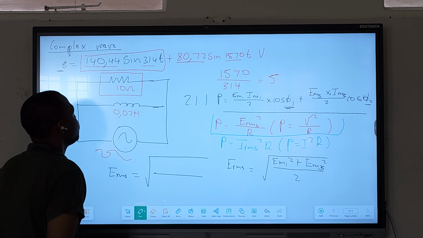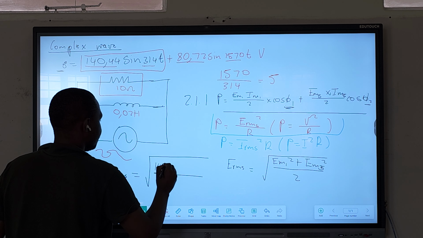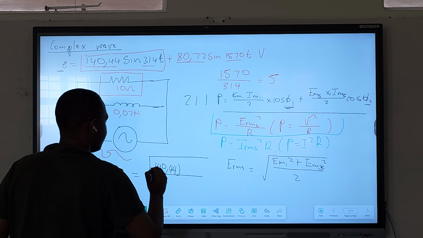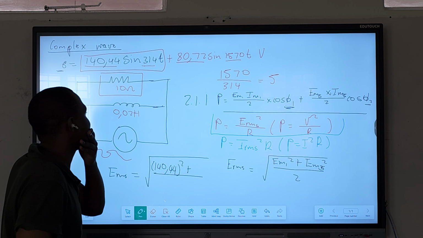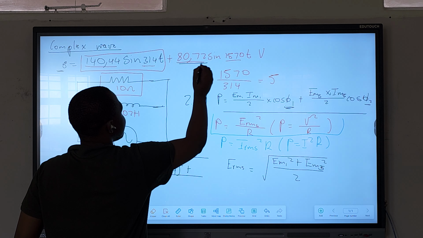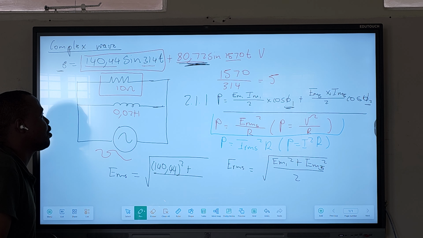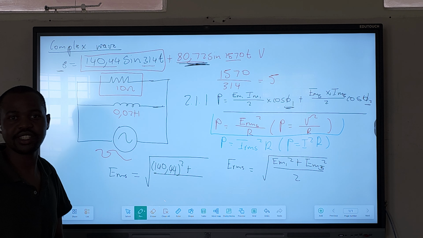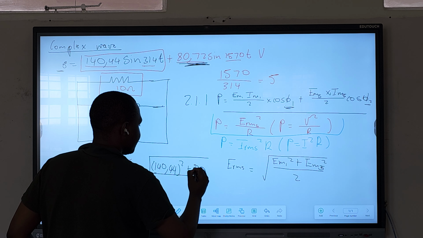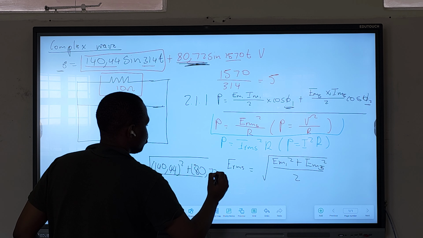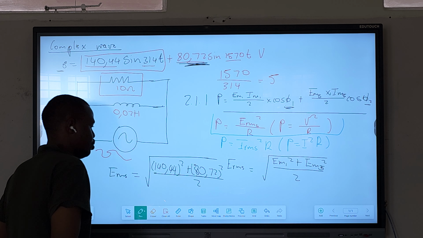So E max 1 is 140.44, squared, plus E max 5 is 80. You know the notation: the coefficient of the sine is the maximum value, which is 80, 72 squared, over 2.